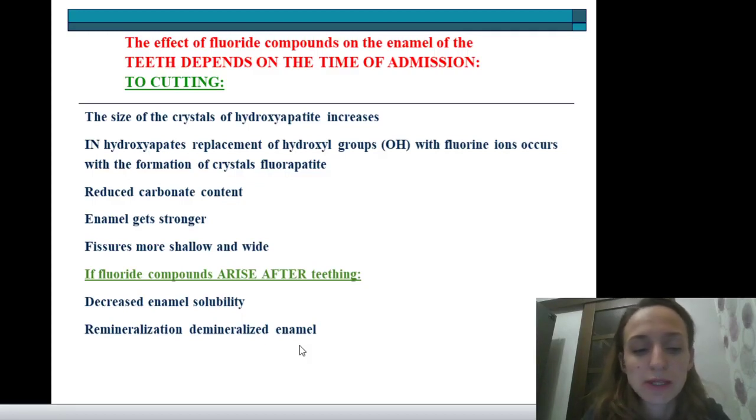Here the enamel gets stronger, fissures more shallow and more wide. If fluoride compounds arrive after eruption, there is decreased enamel solubility and remineralization of demineralized enamel.